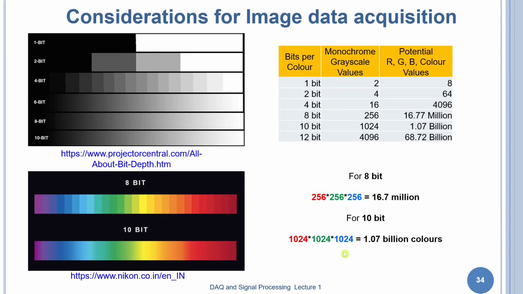For 10-bit this becomes more than a billion colors possible. So just keep in mind whenever you're acquiring image data that, based on the small changes or variations you want to capture, you use your bit resolution accordingly.